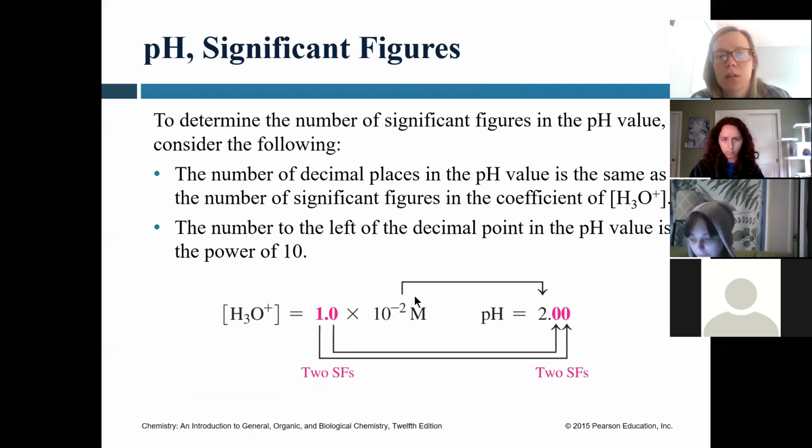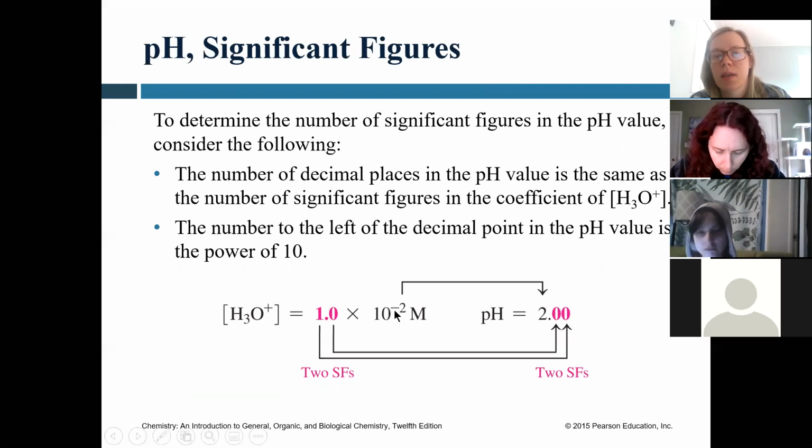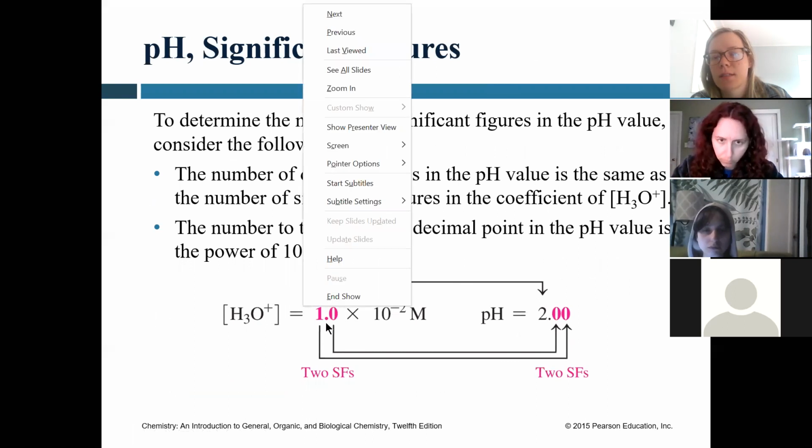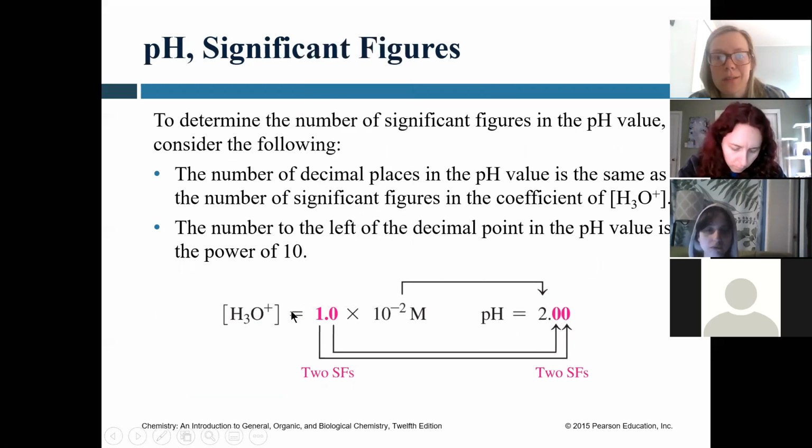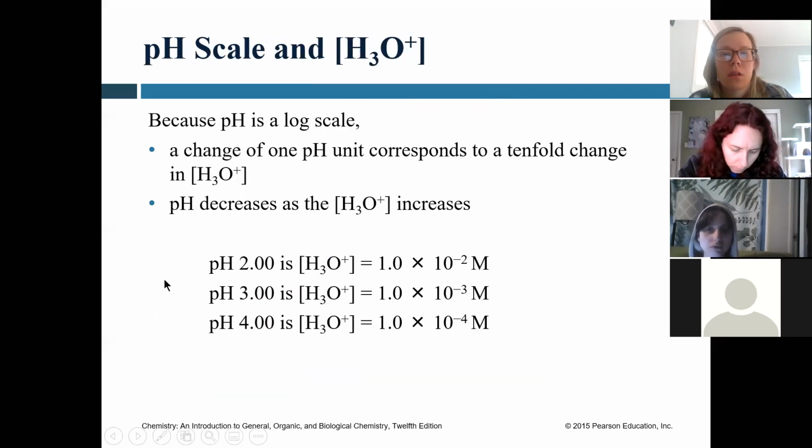To determine the number of significant figures, the 2 is coming from the exponent here, and then this number will give you the decimal places. So go with however many sig figs this is here; that will be however many decimal places you'll have. I'm not going to be a huge stickler about sig figs on this.